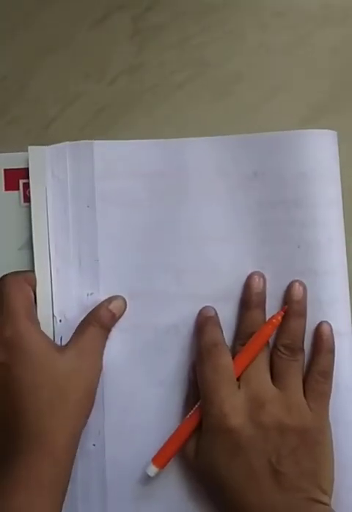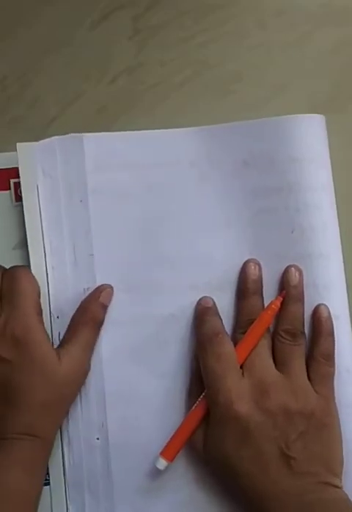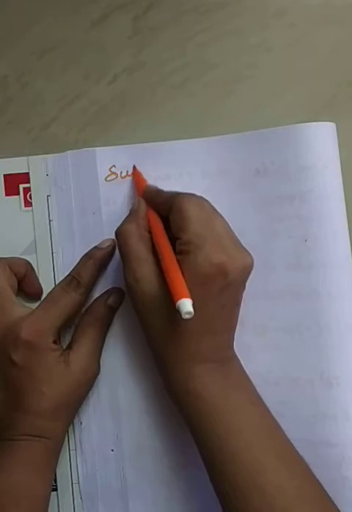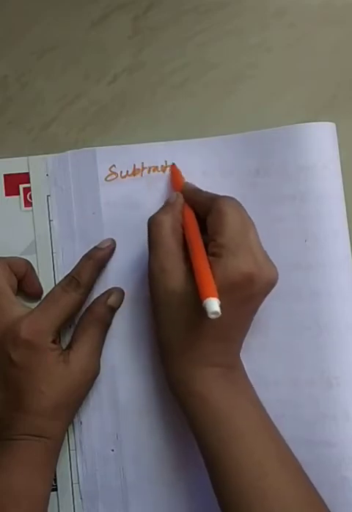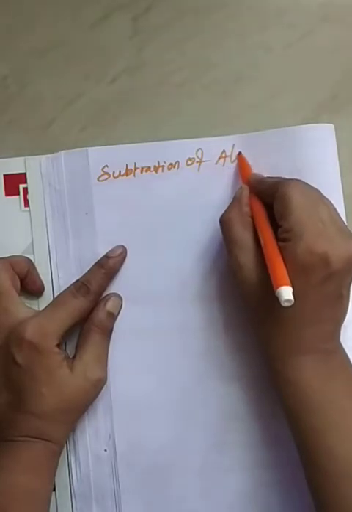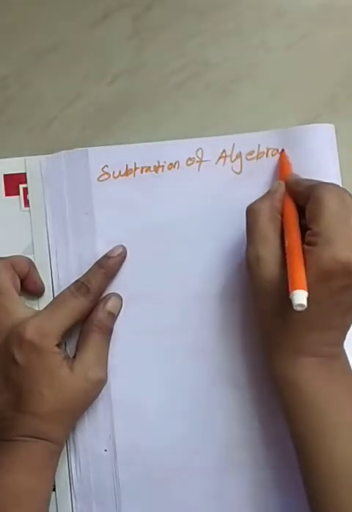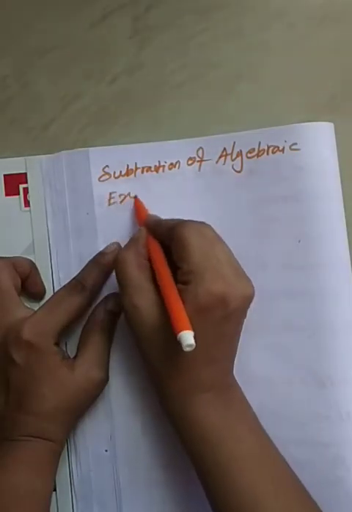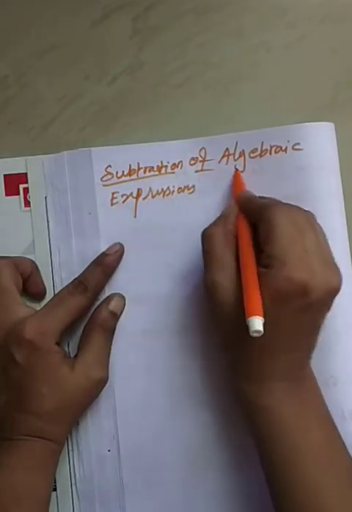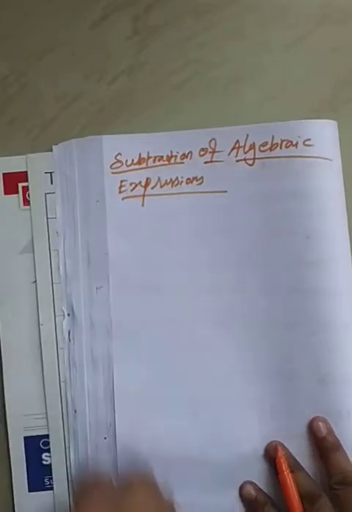Now we see subtraction of algebraic expression. Okay, the previous one was addition of algebraic expression. This one is subtraction of algebraic expression.